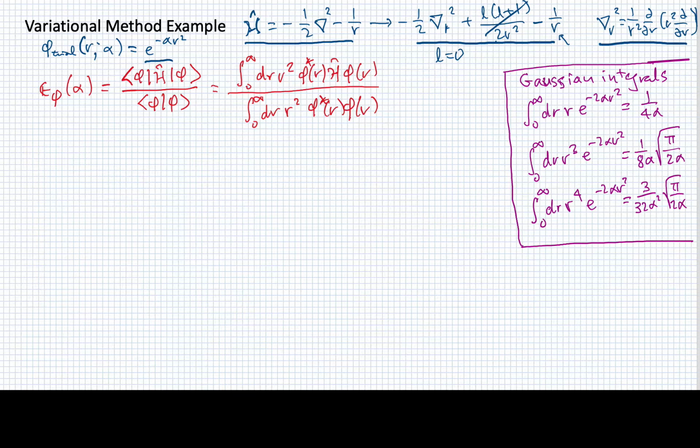Now there's a shortcut I've taken here, and I hope you're mentally taking note of this. The hydrogen atom is actually a three-dimensional problem, and we have basically gotten rid of the two angular variables by setting L equal to 0 over here. So when we do these overlap integrals, technically we have to include those angular variables also.